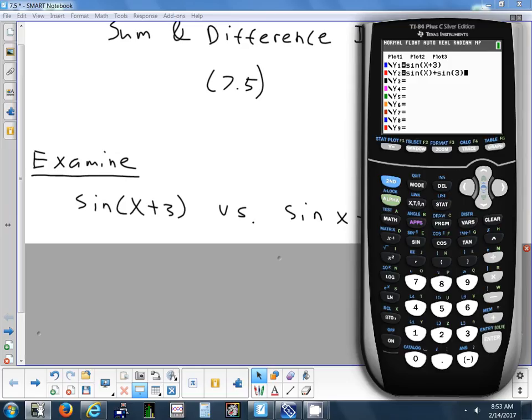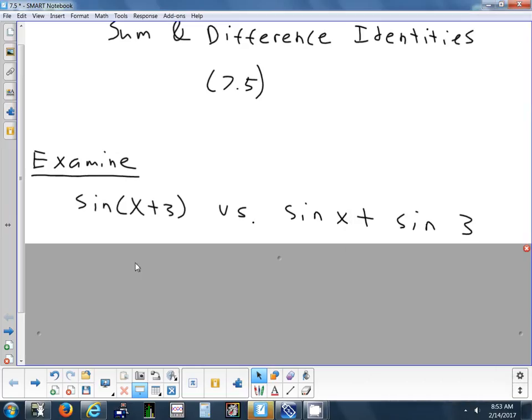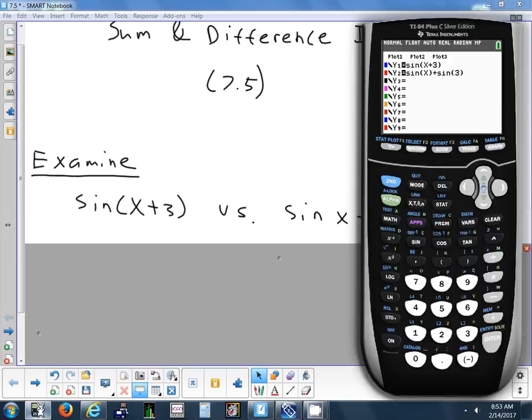It's going to shift to the left 3. How about when you add a number onto the end? Sine of 3 is just a number, like 0.05 or something. So what happens when you add a number onto the end of a function? It goes up. That's a vertical shift. So just by thinking about it in terms of transformations, that's a horizontal shift and that's a vertical shift. They're not going to be the same.